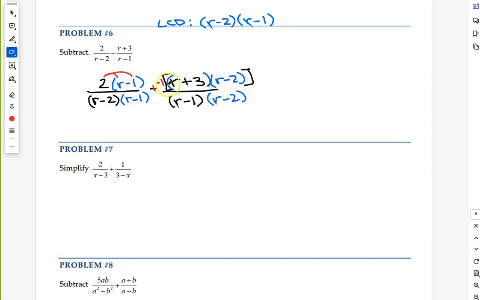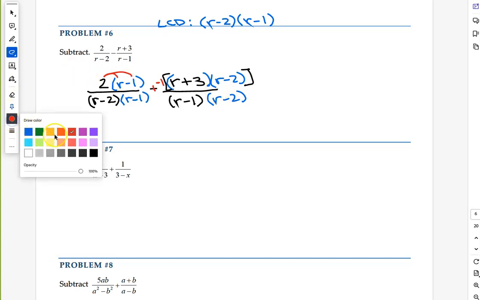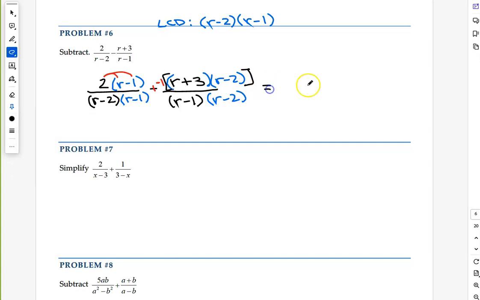So now I have my common denominator, right? I'm just going to write this down as one big fraction, where I've got r minus 1 times r minus 2 on the bottom. And then let's see what we have on the top.